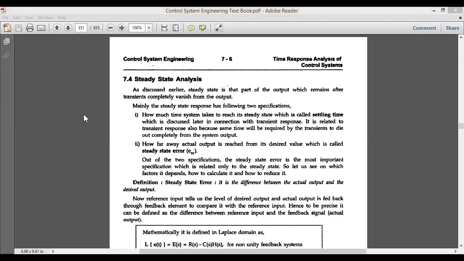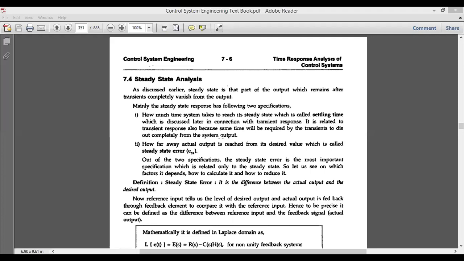In yesterday's class, we saw some time intervals: the rise time, the maximum overshoot, and the settling time. Before studying steady state analysis, we have the following two specifications.